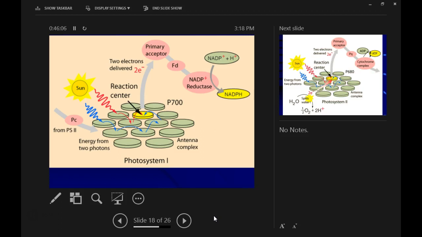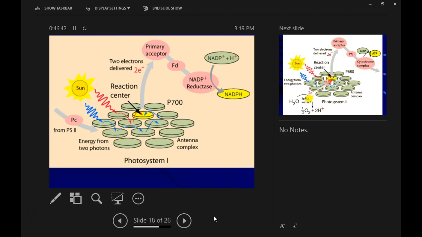Now, if you look at Photosystem I, it looks just like the photosystem I just described, and you'd be exactly right. In fact, Photosystem II looks just like this too. We've got this beautiful little cluster of chlorophyll A molecules. So, light energy from the sun bounces around.